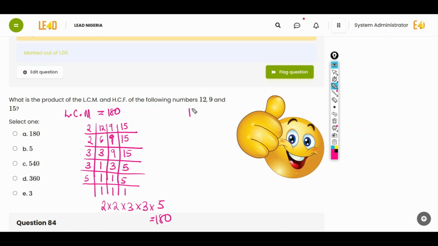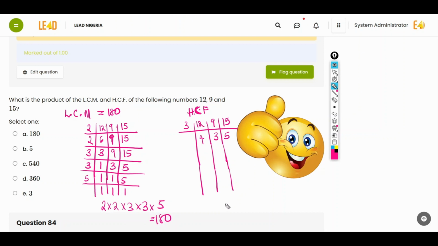All right, next we pick up on the HCF. For HCF, we divide by only what can divide everything, right? So we're just trying to get, is there anything that can divide everything, and then we'll use that. We have 12, 9, and 15. The only number that can divide all of them is 3. We'd have 4, 3, 5.